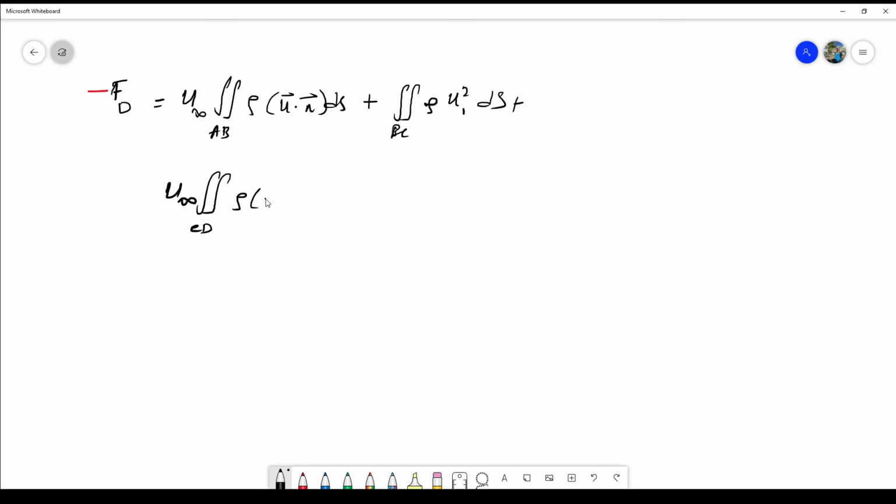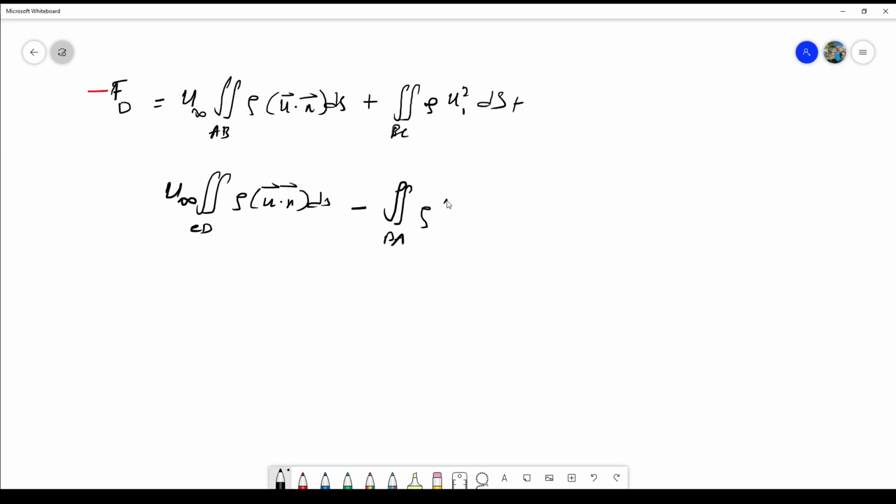Similarly, we have rho u·n ds, and then we subtract the one at the inlet boundary conditions.